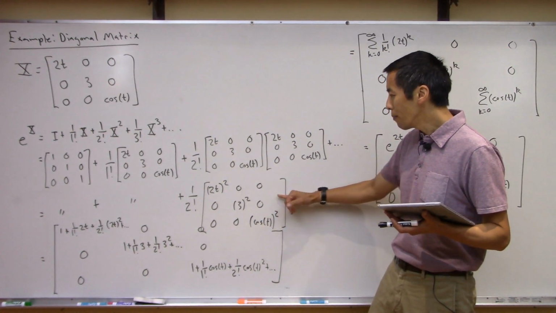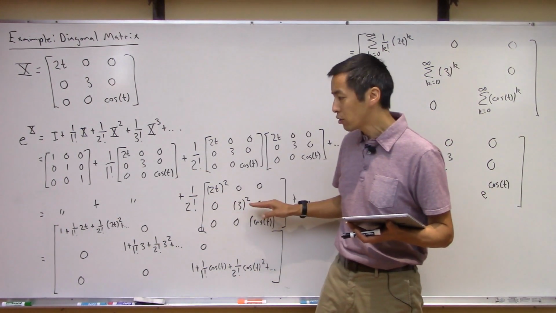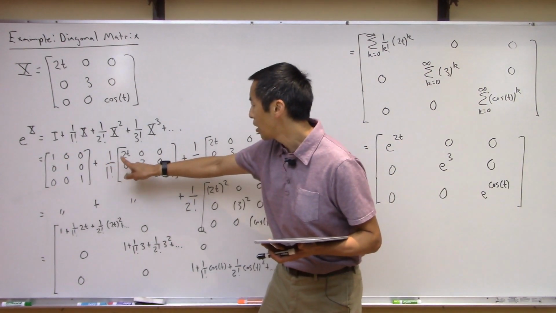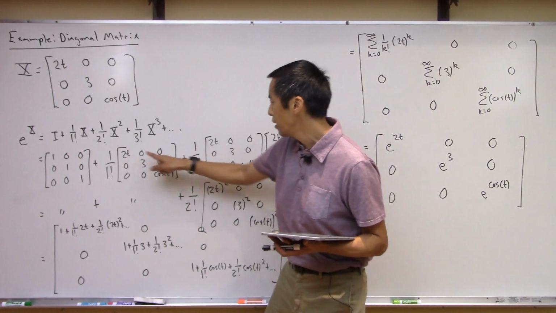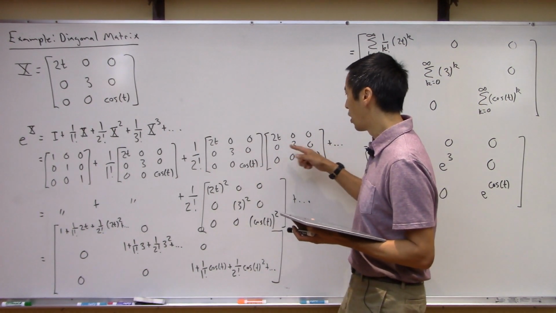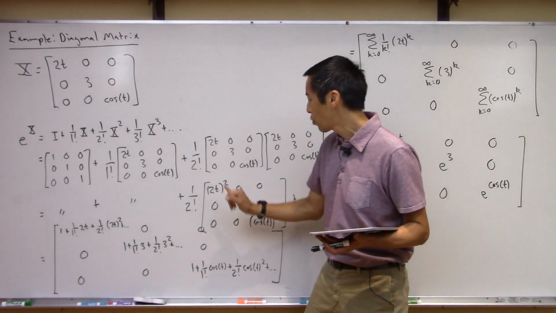Okay, so what makes that nice is now let's just add all these matrices together. For example, in the 1, 1 element, you have a 1 plus 1 over 1 factorial 2t plus 1 over 2 factorial 2t squared plus 1 over 3 factorial 2t cubed. You get what I'm saying, right? You only get the 1 entries.